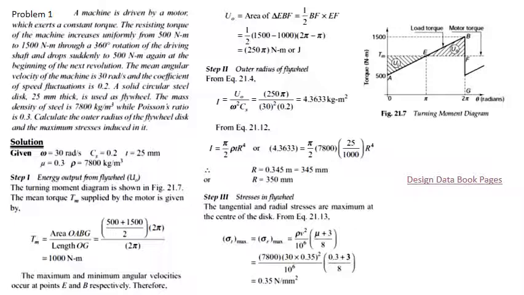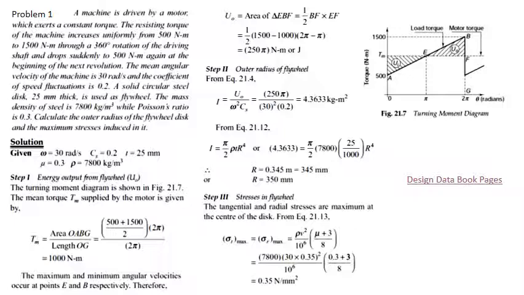So if we go to the data book here, we can see the moment of inertia of the flywheel in terms of U naught, where omega is the mean angular velocity of the flywheel. Now coming to the previous section, here we can see that I is equal to U naught upon omega square Cs.